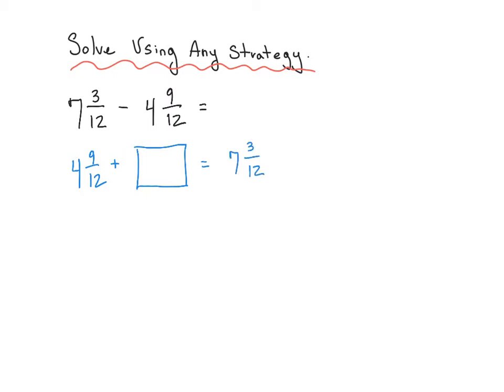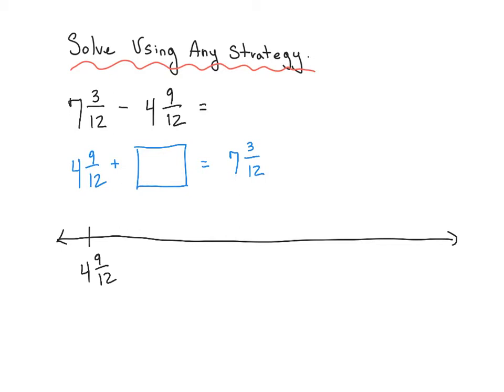All right, so I'm going to use that blank number line to help. I'm going to start with our starting number in an inverse operation, which is 4 and 9/12. So what do I need to add to 9/12 to get me to the next whole?